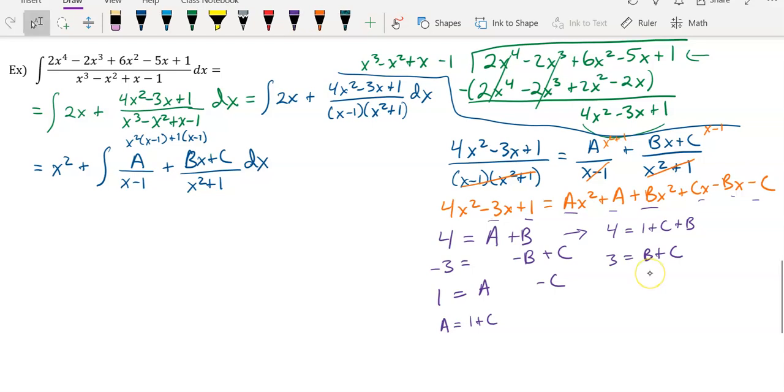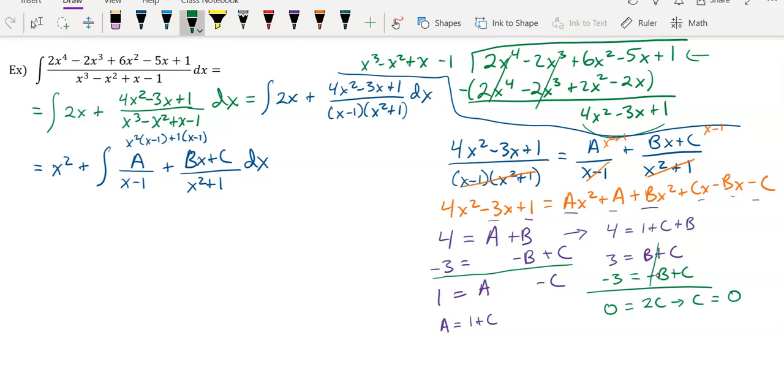Okay, using that with this equation right here, I have -3 equals negative b plus c. Add these together, I get 0 equals, that's gone, 2c, so c is equal to 0.